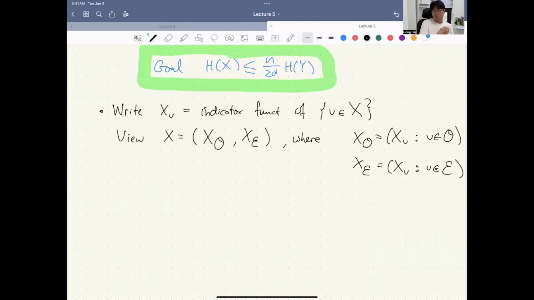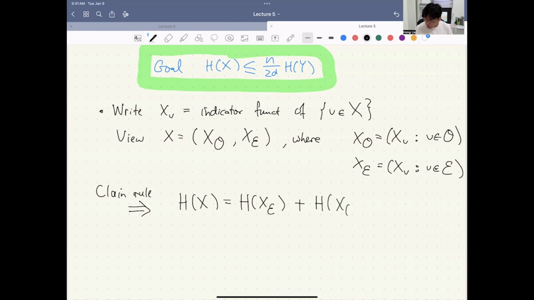Now, using chain rule, let's first estimate H of X. Using chain rule, we know that the entropy of X equals to, it doesn't matter, symmetric, so let's say the entropy of the even side plus the entropy of the odd side, given that we revealed the even side.